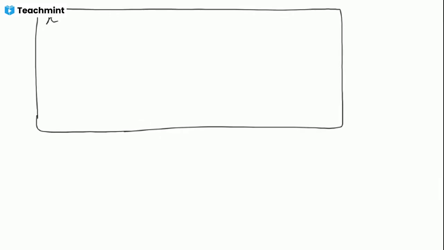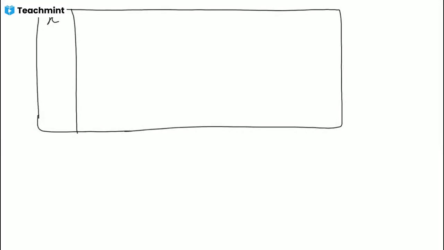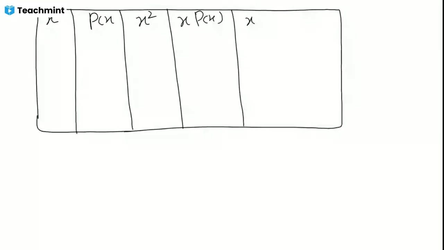We have x and p(x). We need to find first x square and x p(x), and then x square p(x).